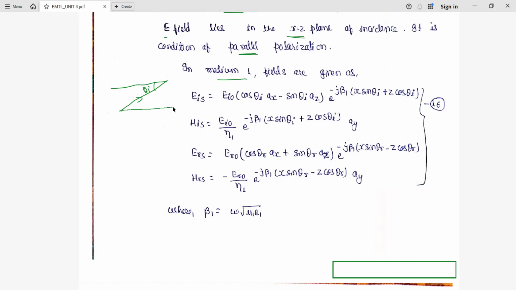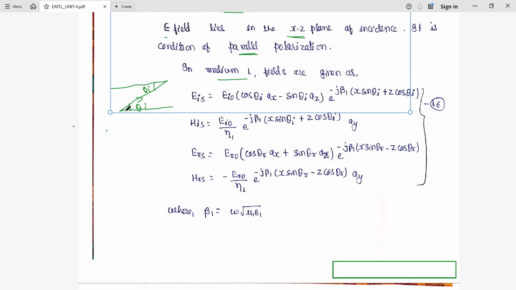If you draw another line, this angle is also theta_I. And if you have perpendicular values here, what is the electric field?